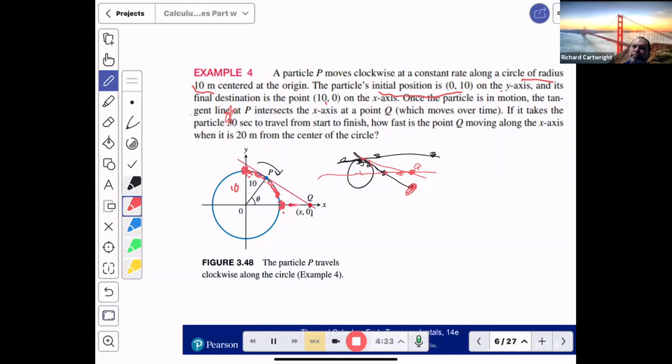So we have to think about what's happening here. That means the arc of that circle is the same as the degrees or radians that it moved. So it's a quarter circle. That means it traveled, we can actually probably give it a variable.